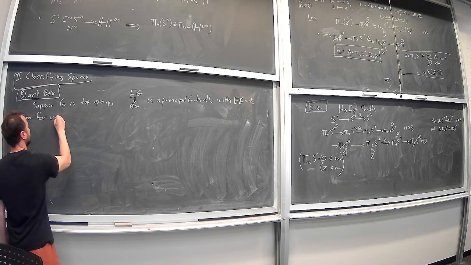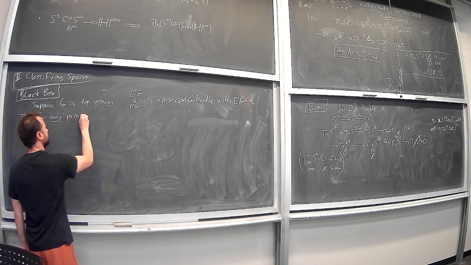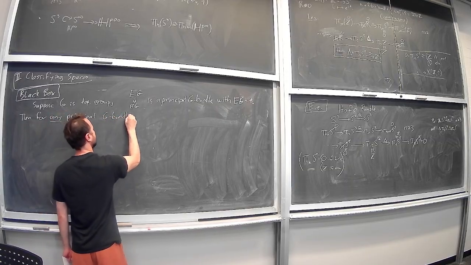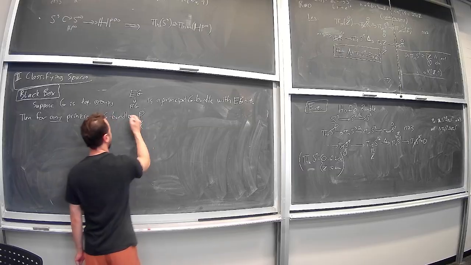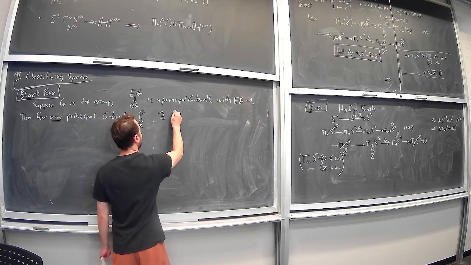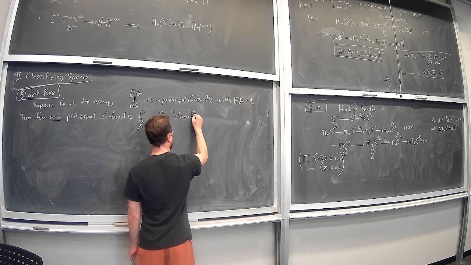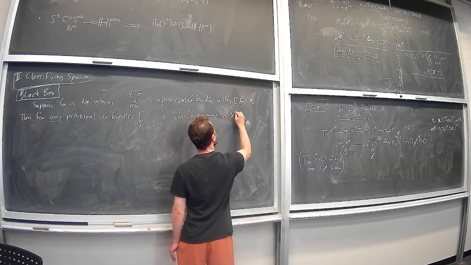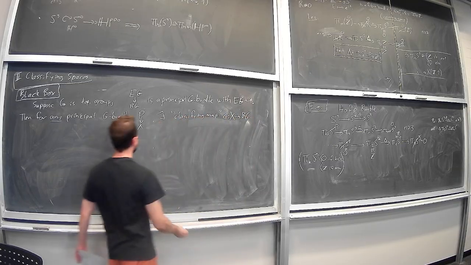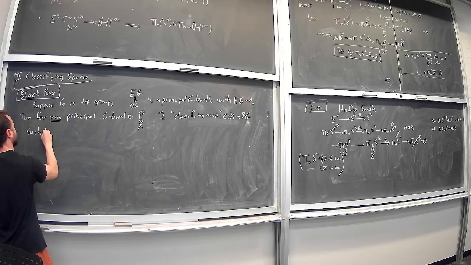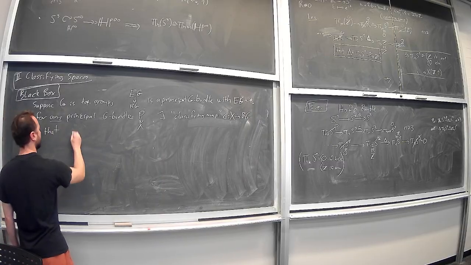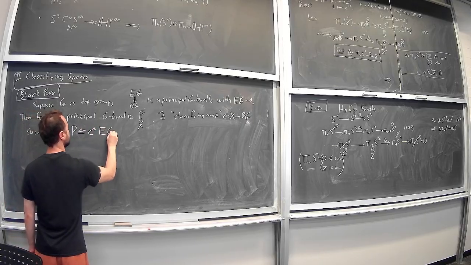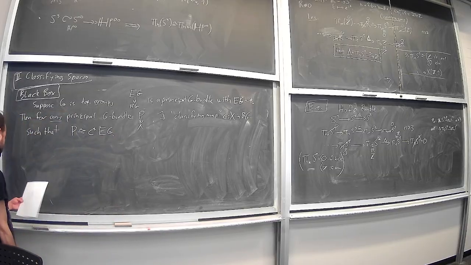Then for any principal G bundle over any nice enough space X, there exists a classifying map C from X to BG such that the bundle that you started with is isomorphic to the pullback of the contractible total space bundle.